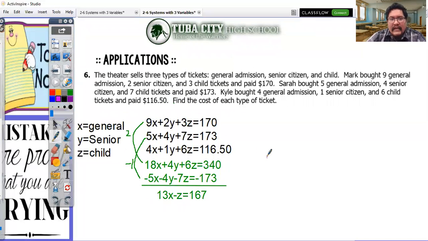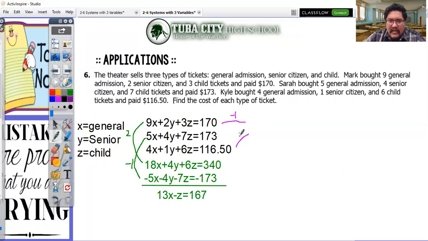Now we need to eliminate y from a second set. And let's see, I want to keep this bottom one, definitely. Bottom one's a really good one. The question is, which of the top ones do I pick? I kind of want to pick this top one here. That way I would only have to double it.